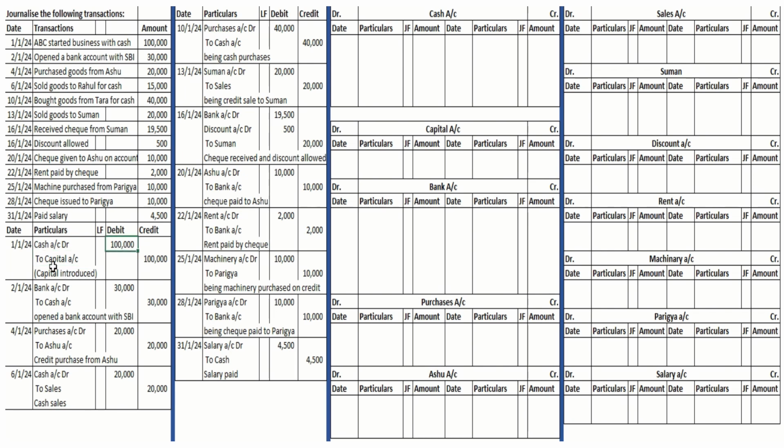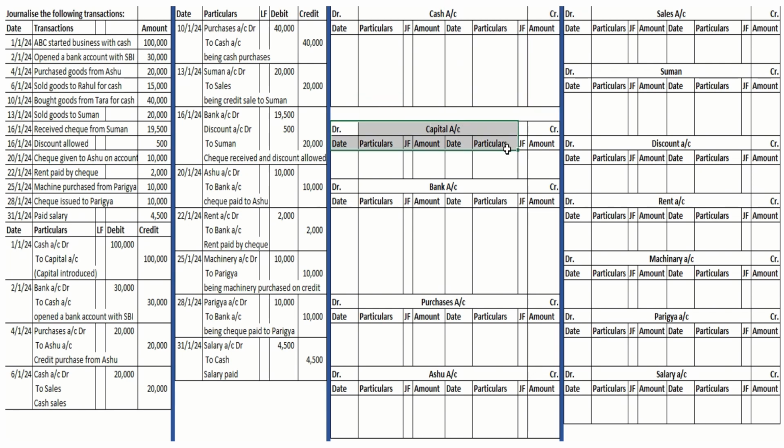Now what do we have to do? There are two accounts, two aspects in the entry, cash and capital. So we will first prepare a cash account. This is the debit side, denoted by Dr., and this is the credit side. Date column, particular, and amount.